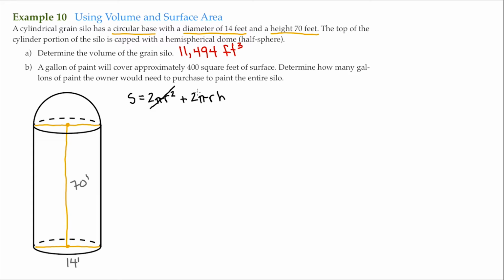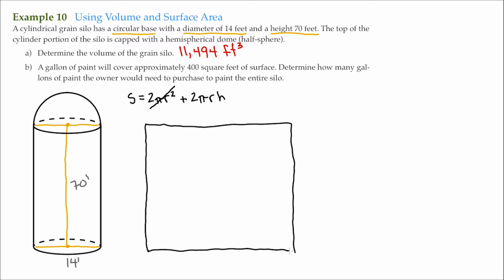Well, if we were to cut this cylinder here and then unfold it, it would come out to be a rectangle. Right? If I was to roll this up like a tube, it would wind up making our cylinder.